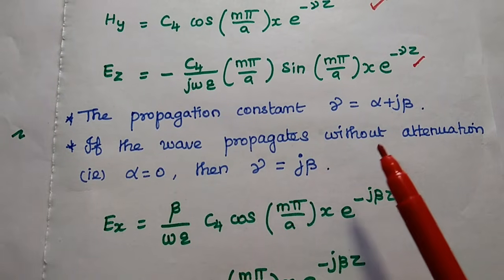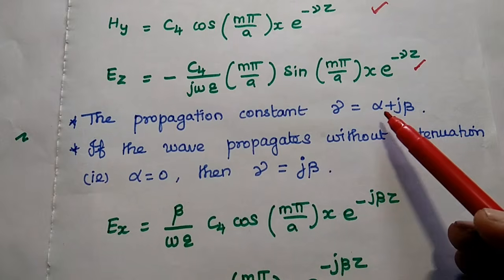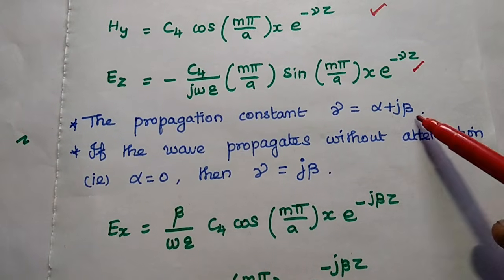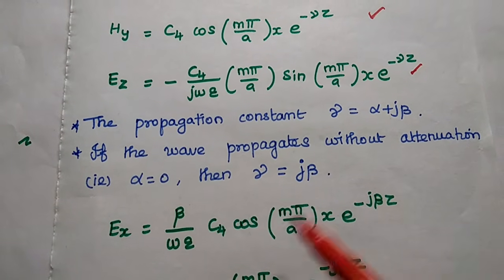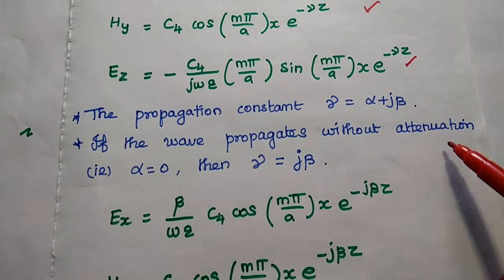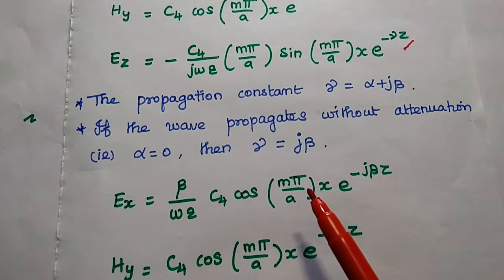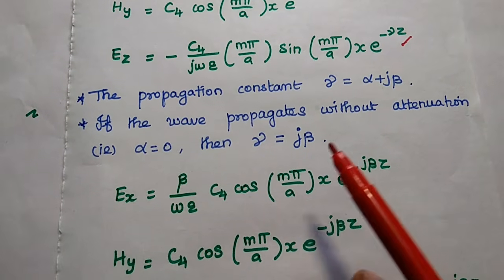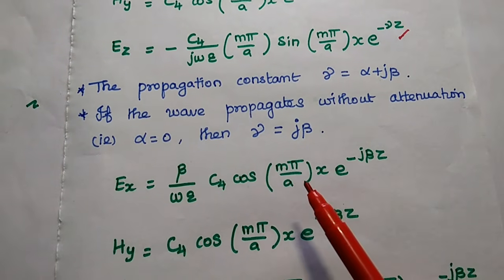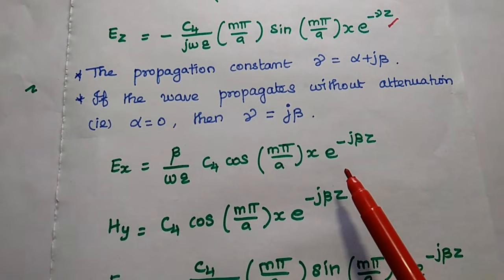The propagation constant gamma is equal to alpha plus j beta. Alpha means attenuation constant, beta means phase shift constant. Here, if the wave propagates without any attenuation, that means alpha is equal to 0, then the propagation constant can be written as j beta. It has only the phase change, that is the phase shift constant.